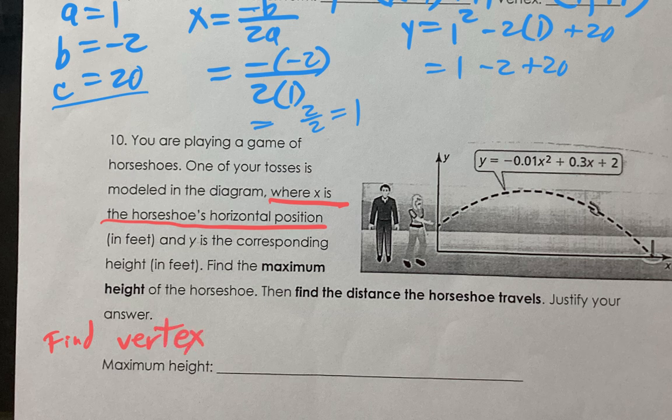Then I'm going to find my x-intercepts, because where I'm throwing it, my x value is 0. So I just want to know the distance, not from where it left the ground to where it hits the ground, but from where this young lady threw it, which is when x is 0, to where it lands, which is my x-intercept.